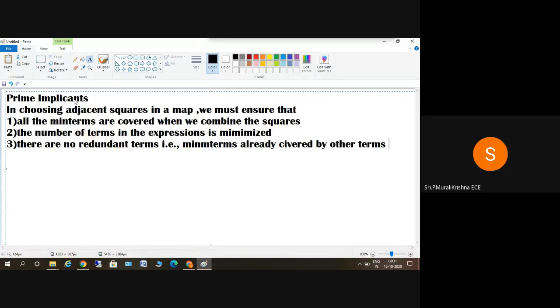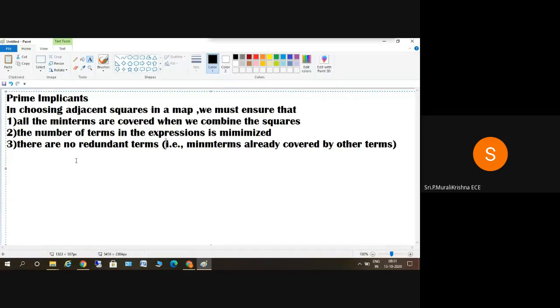What we spoke about is the overlapping of the minterms. A grouping should at least cover one uncovered minterm.